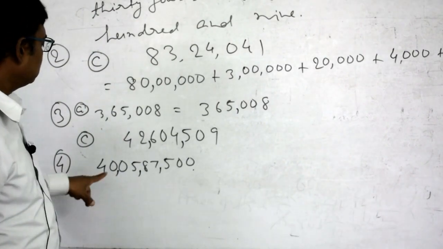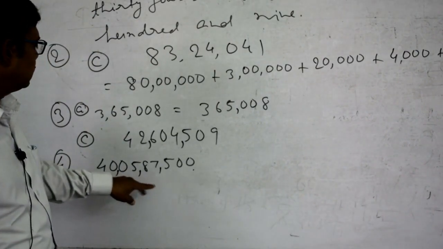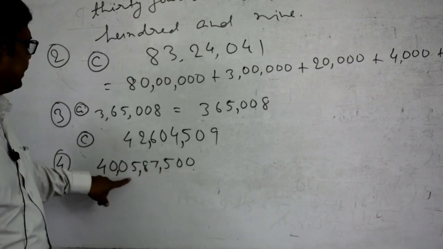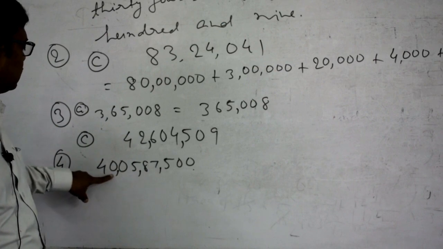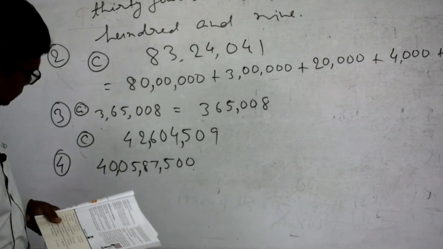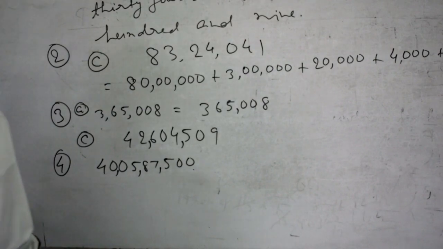Now this is in the ones period, this is in the thousands period, this is in the lakhs period, and this is in the crores period. So what is its name?